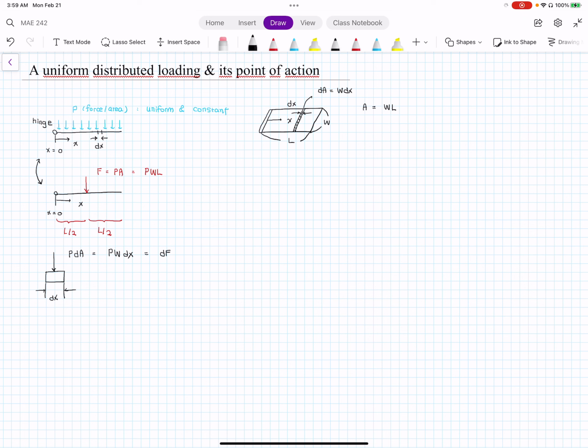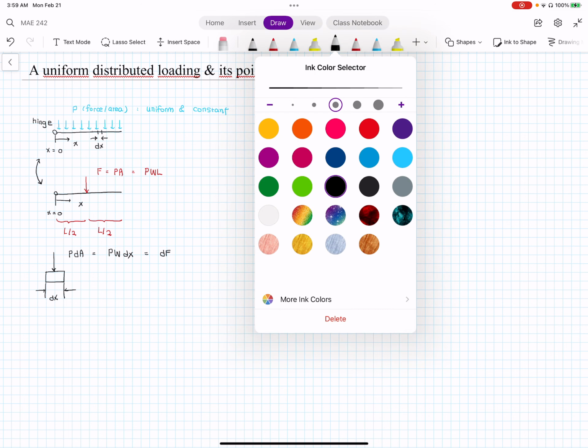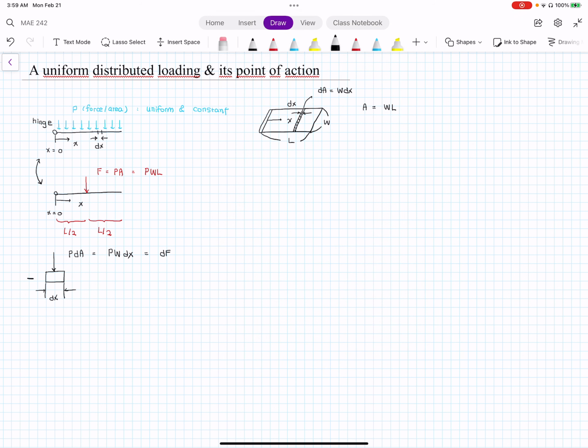The next thing we want to do is measure the moment of this force dF with respect to the hinge, which is at x equal to 0. Therefore, the moment arm of this force is x, which is the location of the small element.